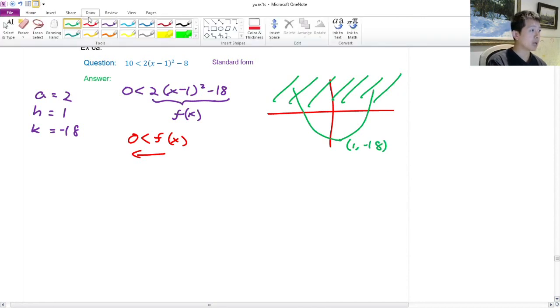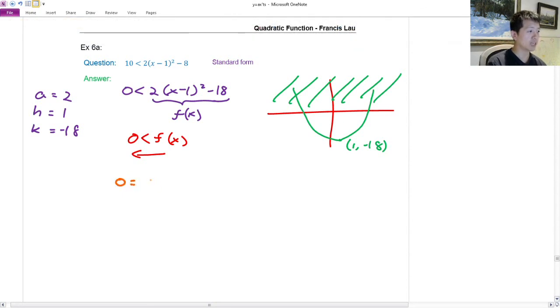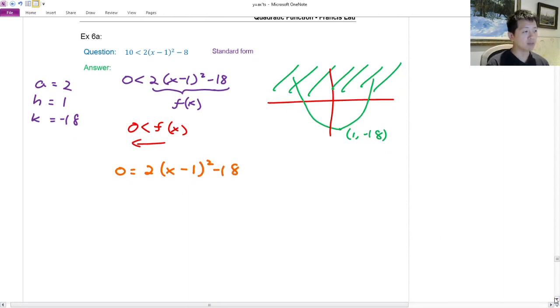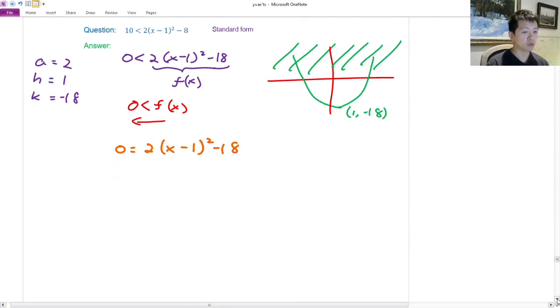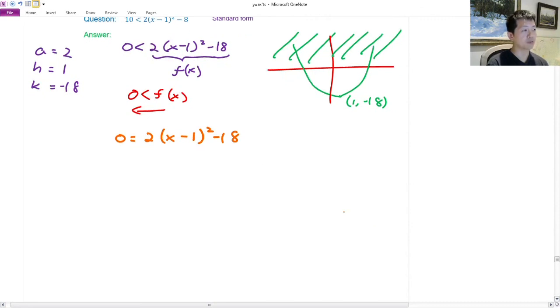Now, I'll make the equation equal to 0, so that I can forget about the bigger or smaller, because for some students it's confusing. It's easier for you to do it this way. Later on in CEGEP or university, if you want to stick with the greater sign, you can practice later on.